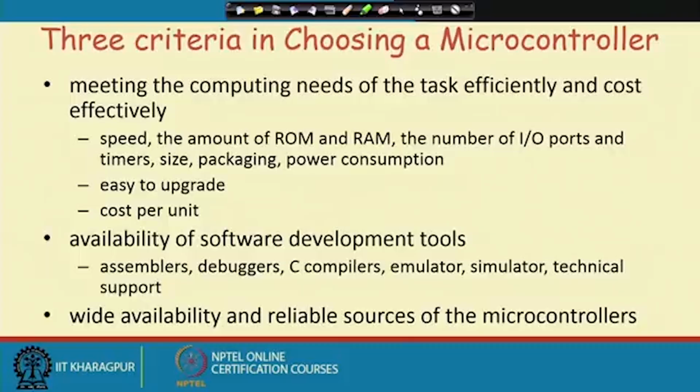If we go for a higher family of microcontroller, then possibly my program will fit into the ROM that is available there, and we will be able to hold that task within the microcontroller itself. And the RAM also: how much data do we need to store, basically the temporary data.